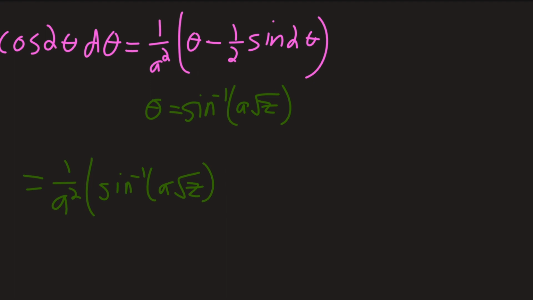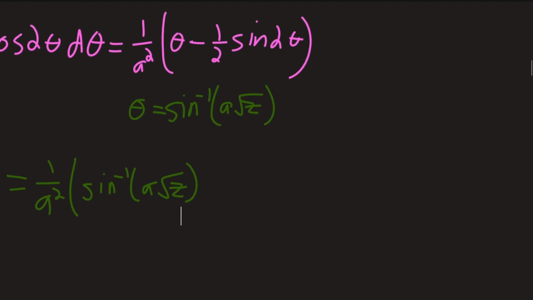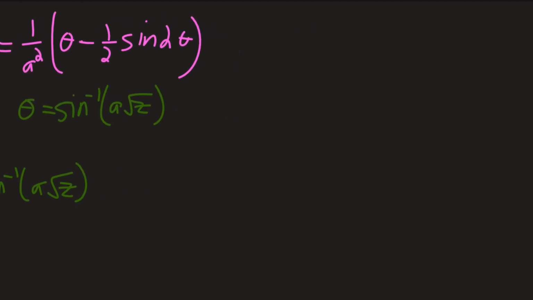And then we have this really interesting term. I'm going to deal with this off to the side before writing it in. So what we have essentially is a 1/2, we have a negative here, but what we have is a 1/2 times the sine of 2 times the inverse sine of a square root of z.